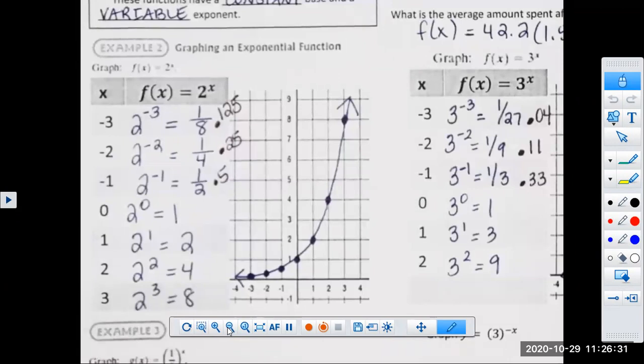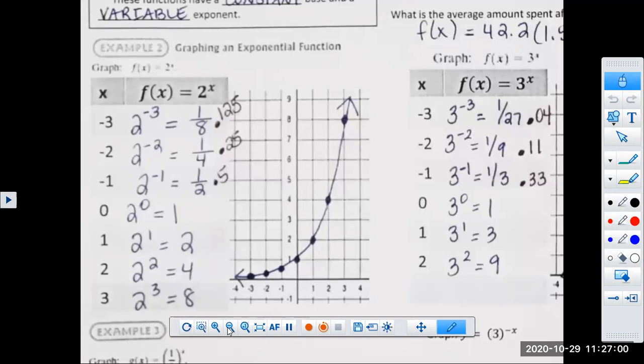So if you've got 2 to the negative third, that flips it to 1 over 2 to the positive third, which comes out to 1/8. And if you've got, let's say, 2 sevenths to the negative 2 power, what does it do with a fraction? It flips it too. So this becomes 7 halves squared, 49 over 4. So just note that throughout.